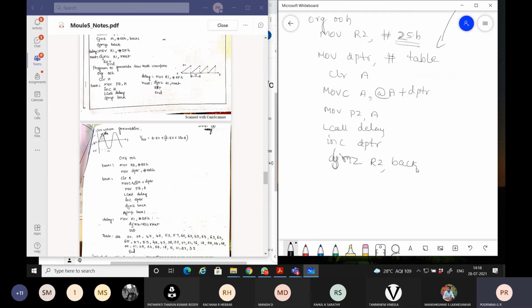Where should that back go? That back should go to the start, where it should begin with the initial value.